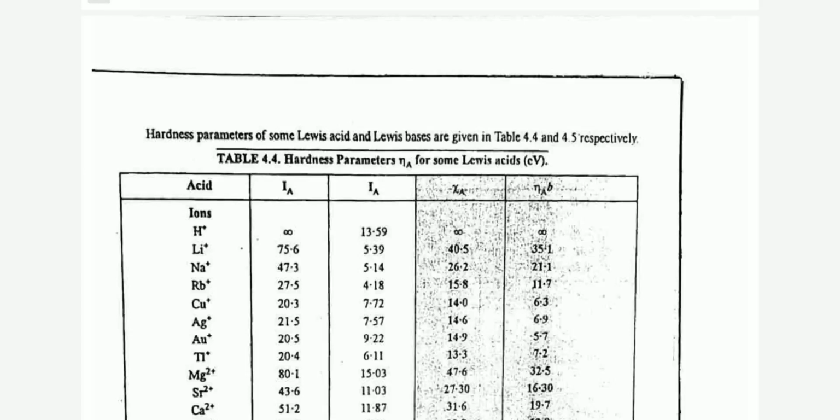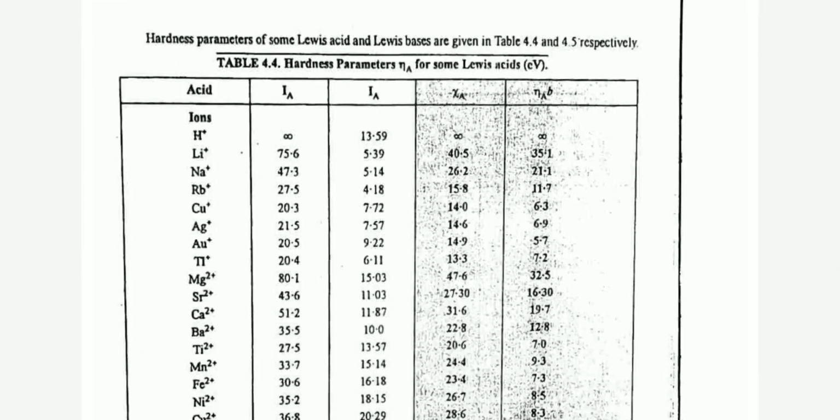Hardness parameters of some Lewis acids and Lewis bases are given in table 4.4 and 4.5 respectively. Table 4.4: hardness parameters eta A for some Lewis acids in electron volt. Ions: H positive, I A is equal to infinity, I A 13.59, psi A infinity, eta A infinity, and so on.